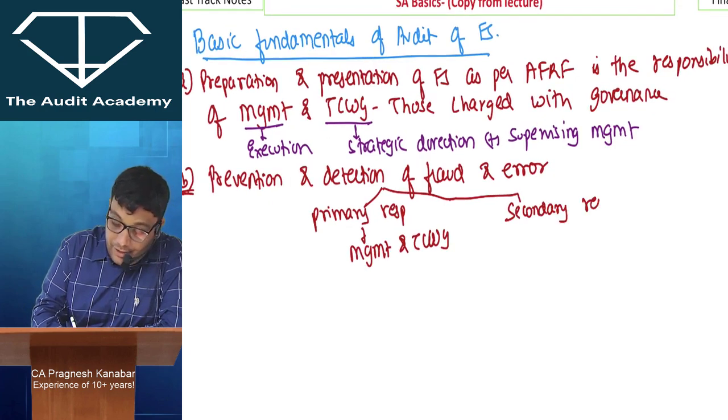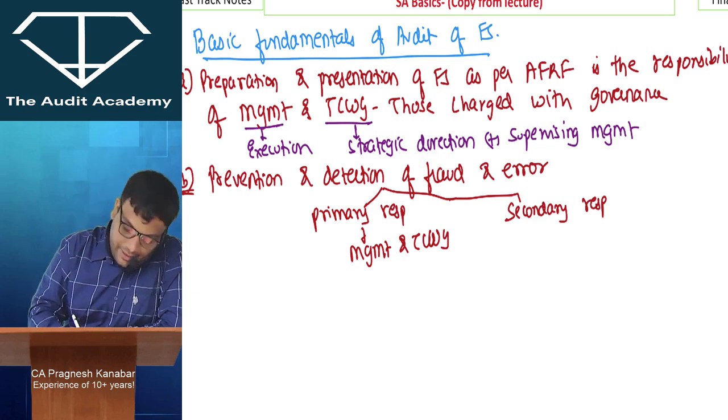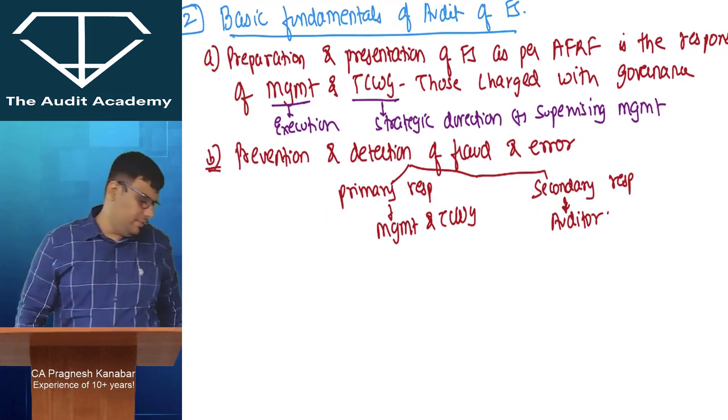However, we cannot say auditor is not responsible at all. Although auditor is not James Bond, and his main job is not to detect fraud, secondary responsibility will be of the auditor. So if auditor was negligent, then obviously he can be held liable.